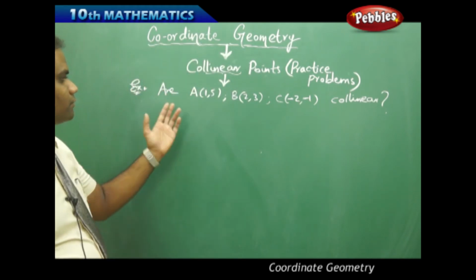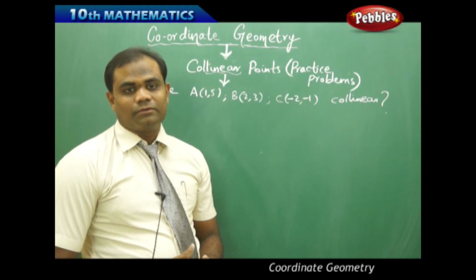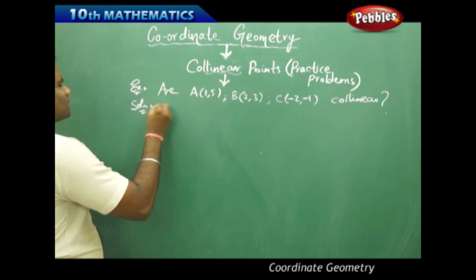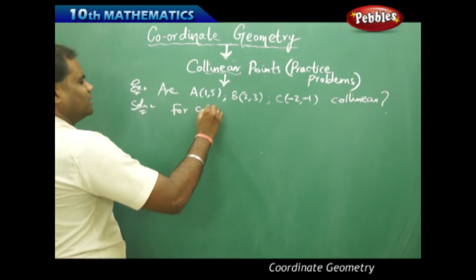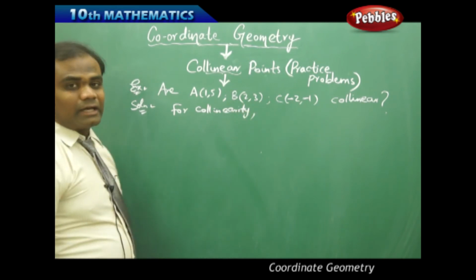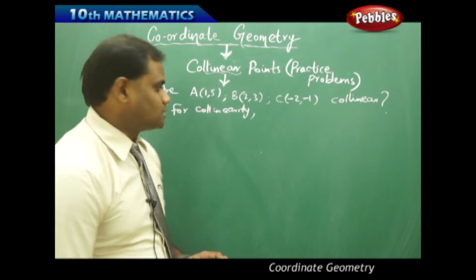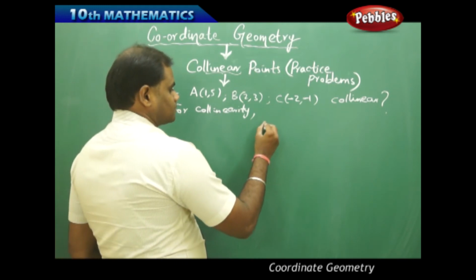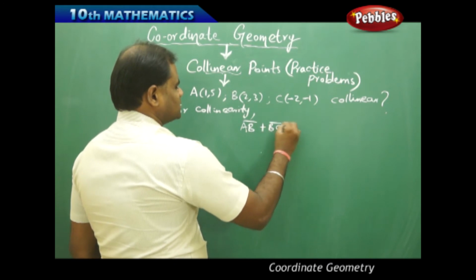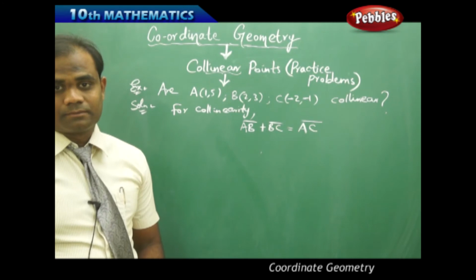So I wanted to know if these 3 points are collinear. So we have to use the property. I have the definition for collinearity, which says AB plus BC must be equal to AC.